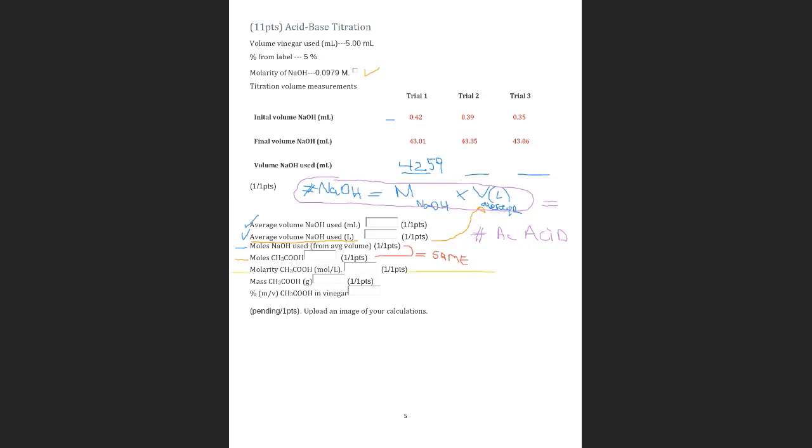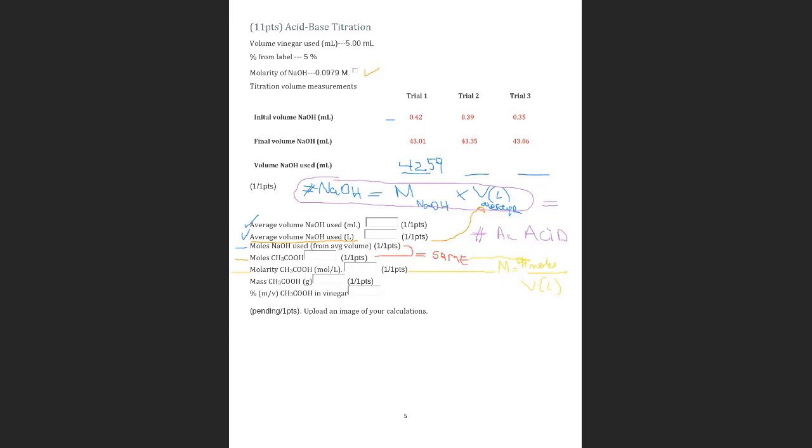And then they ask here for the molarity. What is molarity? Number of moles divided by the volume in liters, right? Number of moles, we have it here. And the volume in liters is what?